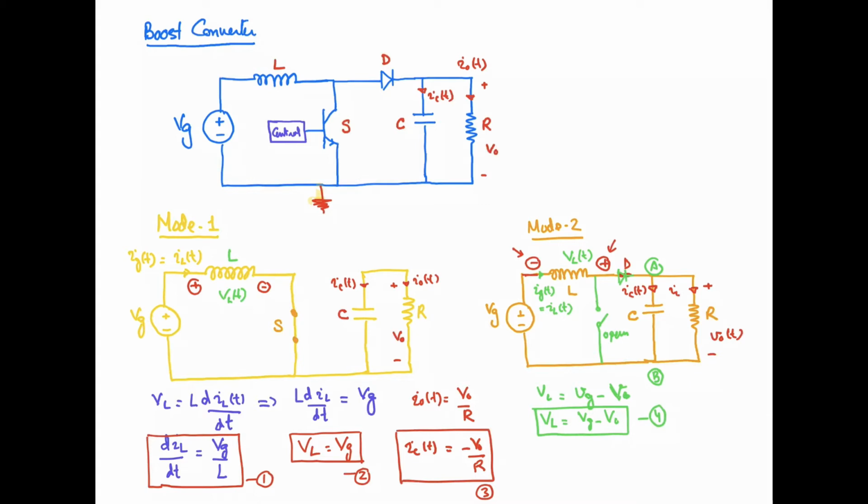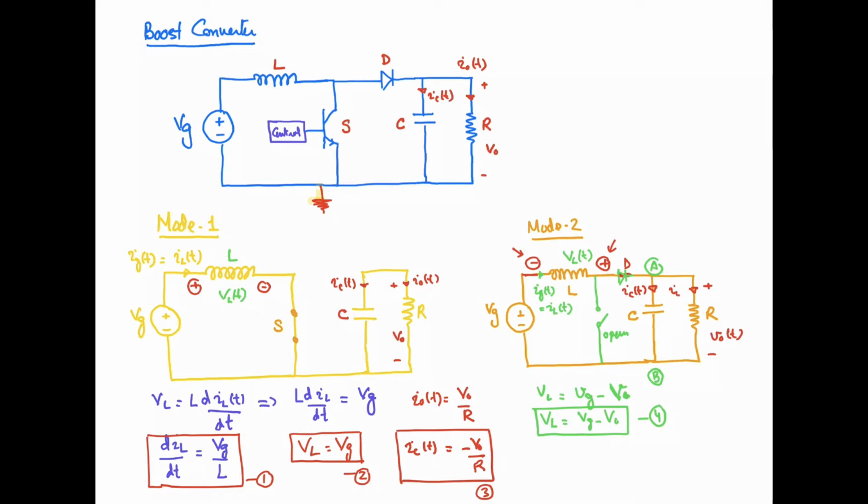And now what about the capacitor current? The capacitor current can be written as the inductor current minus the load current. That's the current that is coming from the inductor. So from that, if you subtract the load current, the rest of the current will be passing through the capacitor.